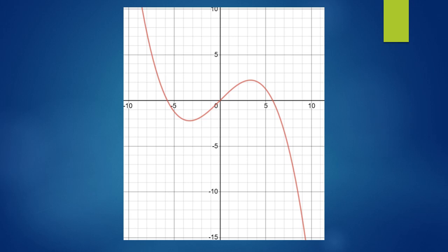So if you would look at this part here, this one here is the minimum relative to all these parts of this graph. While on the other side, this is the relative maximum on this part of the graph.